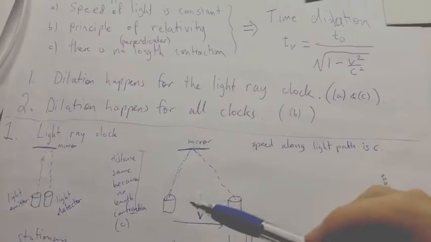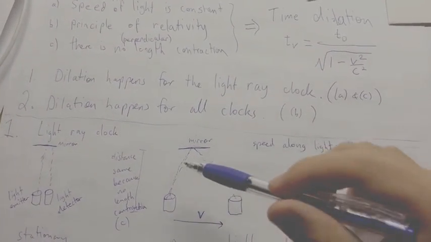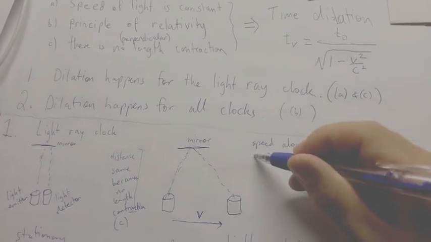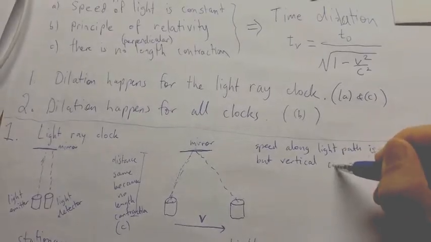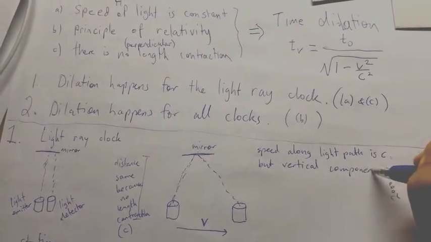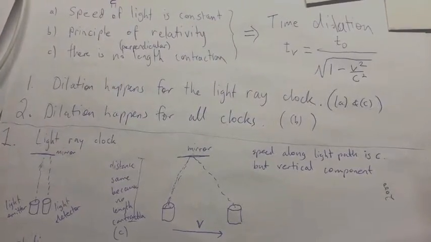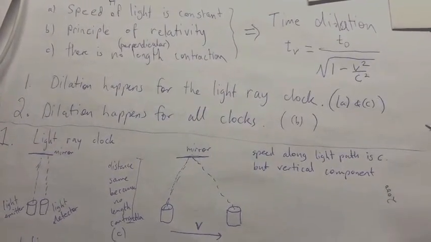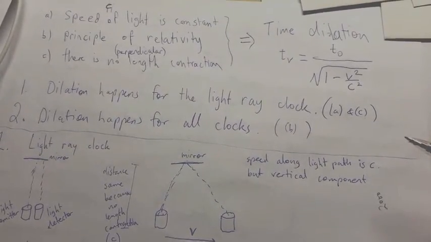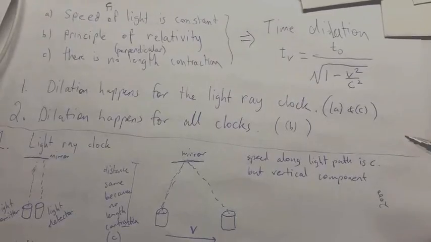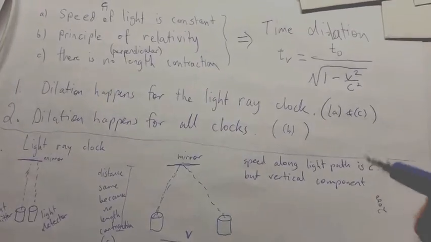But that doesn't mean the vertical component will be the same as c. So the vertical component will now be different. And of course it's smaller because it decomposes.